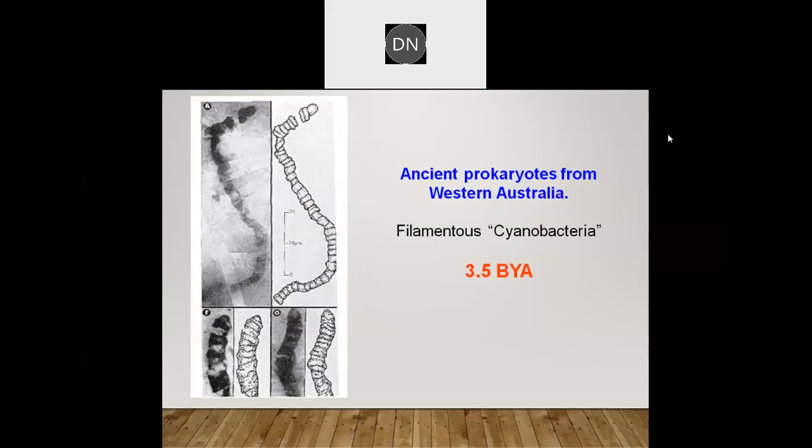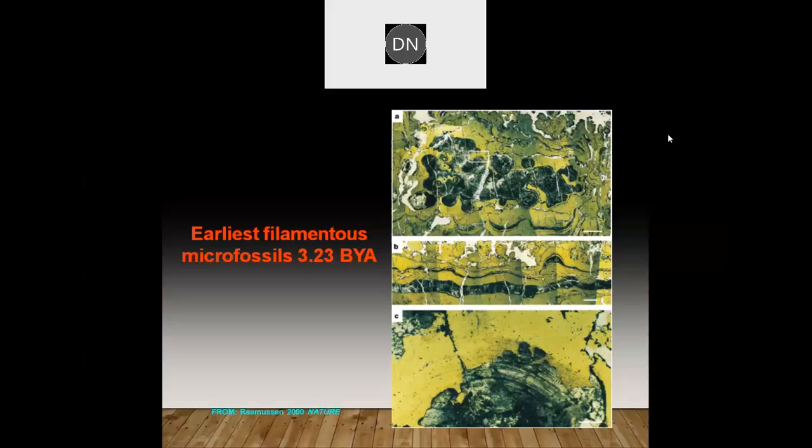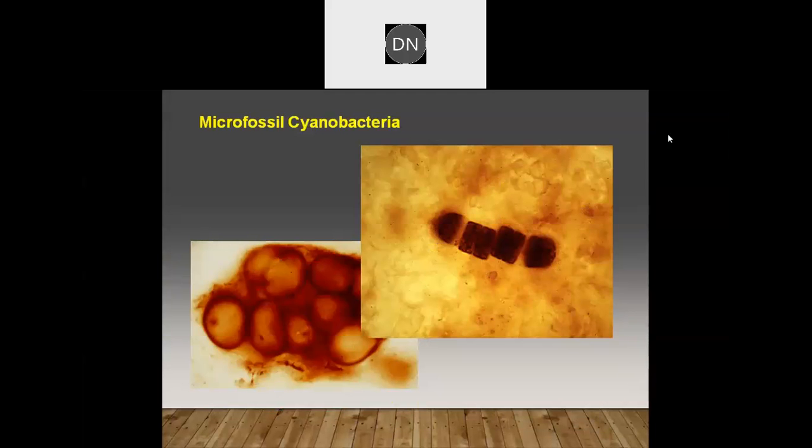This is ancient prokaryotes from Western Australia. This is the cyanobacteria, a filamentous cyanobacteria found 3.5 billion years ago. Next slide. Earliest filamentous microfossils. These pictures show the microfossils.